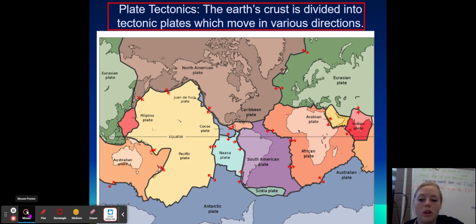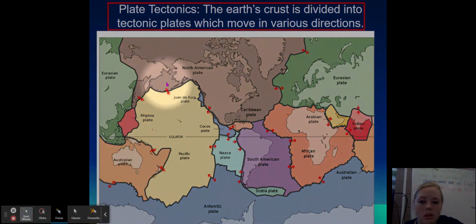So if you look here, I'm going to use this focus. If you look right here, these little red arrows show us that the Australian plate moves back and forth. And while it's moving back and forth this way, it can move back and forth that way. So it's kind of like it's moving around right here.